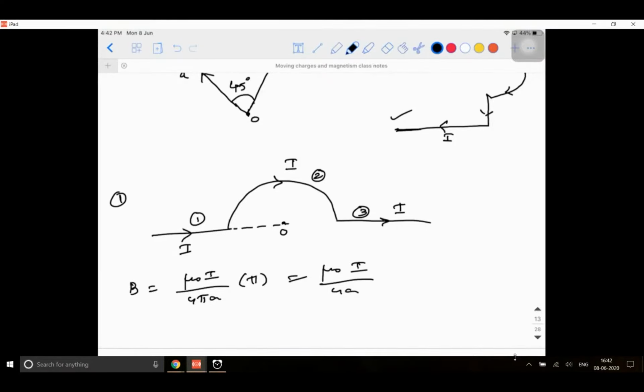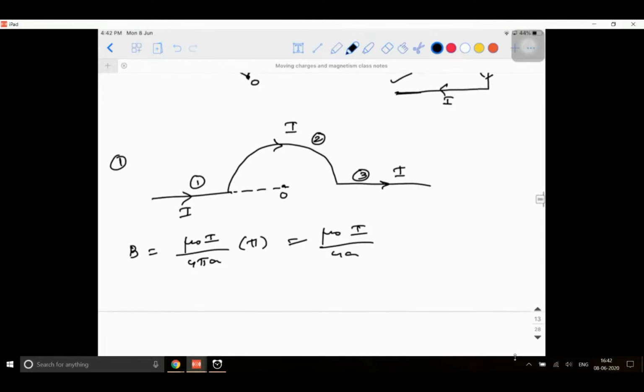So the magnetic field due to that particular conductor is 0. So B1 is 0. Similarly, B3 is 0. B1 is the magnetic field due to the first conductor, B3 due to the third conductor. The magnetic field due to the second conductor is going to be mu naught I divided by 4a. Since the current is flowing in the clockwise direction, the answer will be minus k cap.